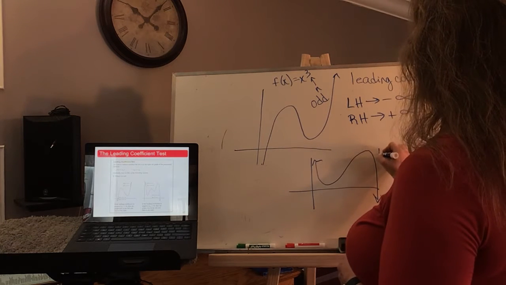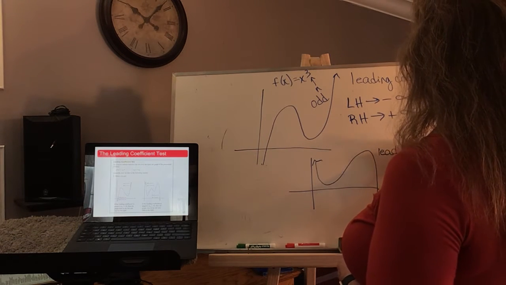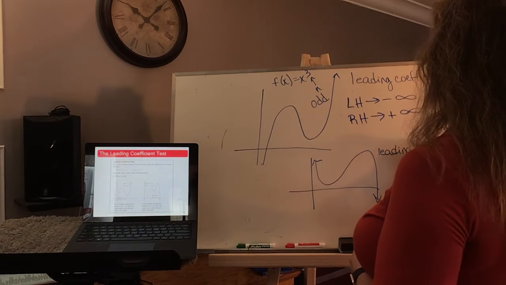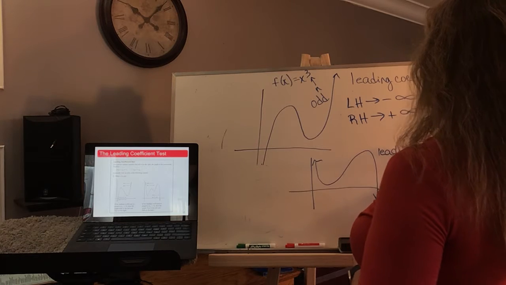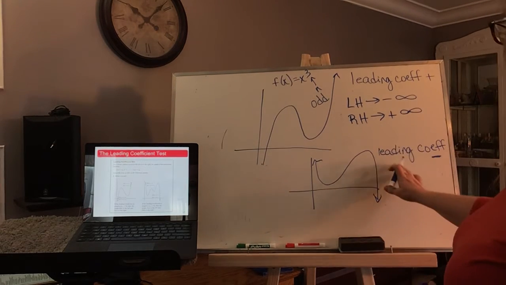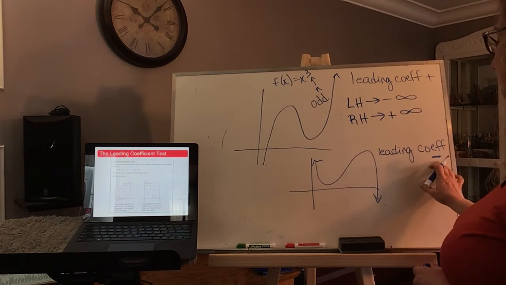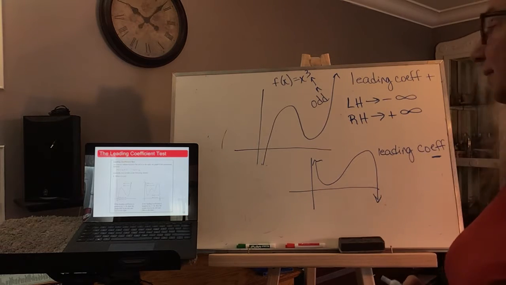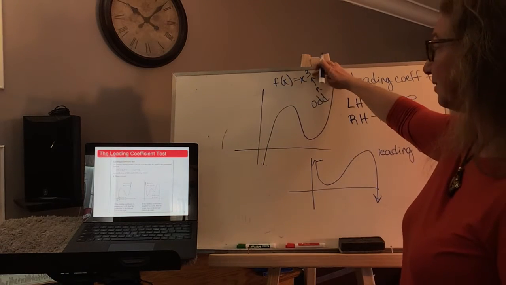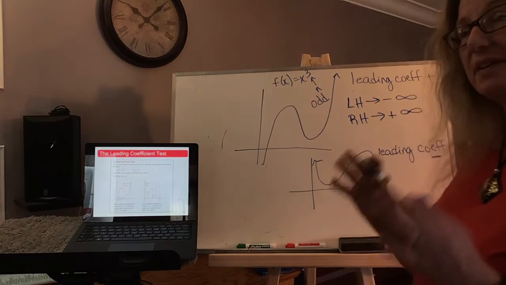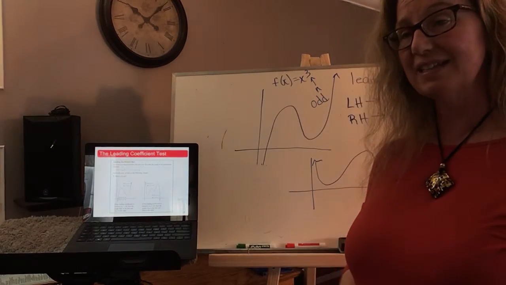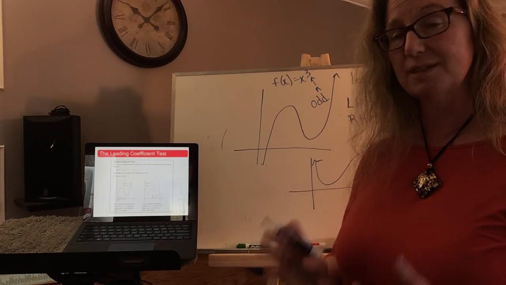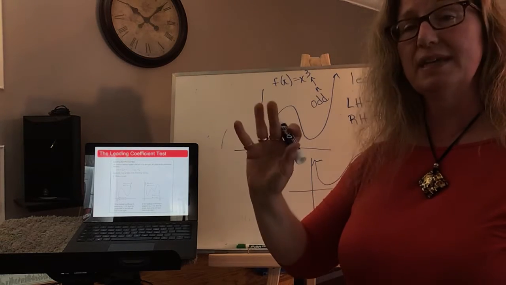So if the leading coefficient is negative, ran out of space there, sorry. If that leading coefficient is negative, and again we're talking about odd functions, so that's this power, the highest power. The reason we look at the highest power is that's the piece of the function that's going to make it take off quickly.